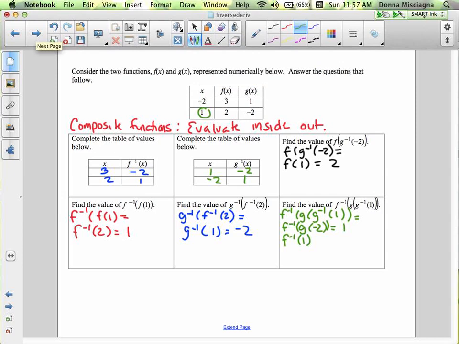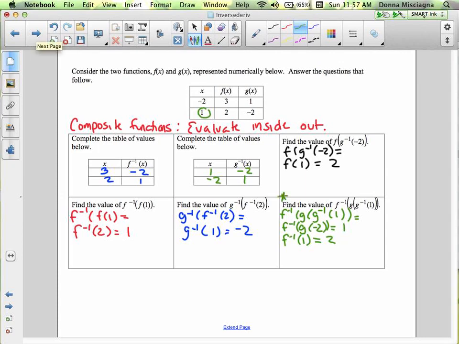Did I look too quickly? On my notes here I have 2. But something seems not right about that, because that's the f value. Let me think about that.